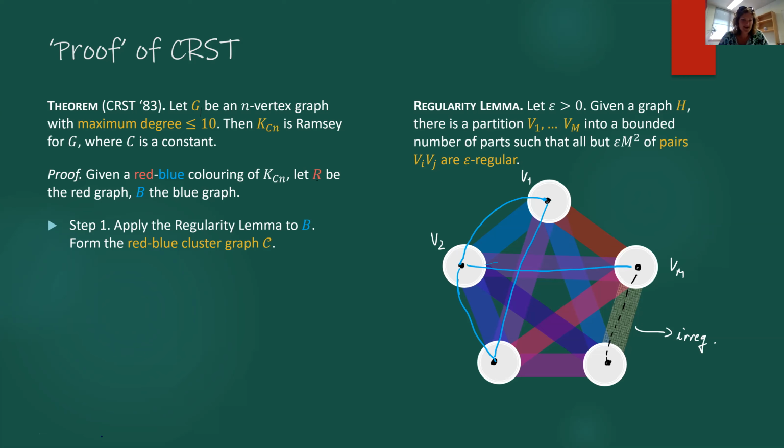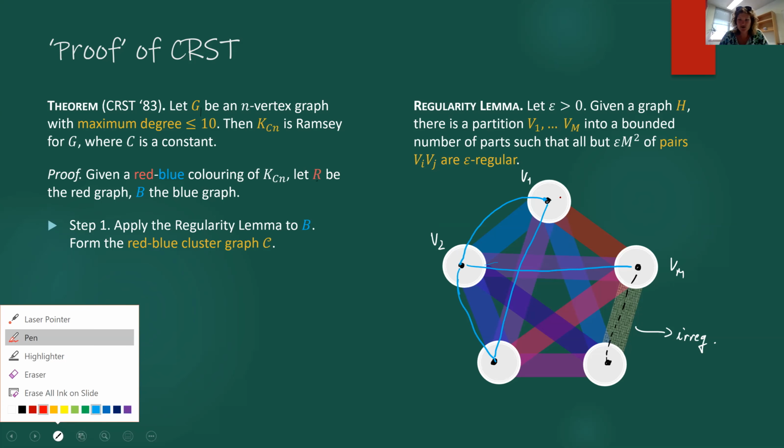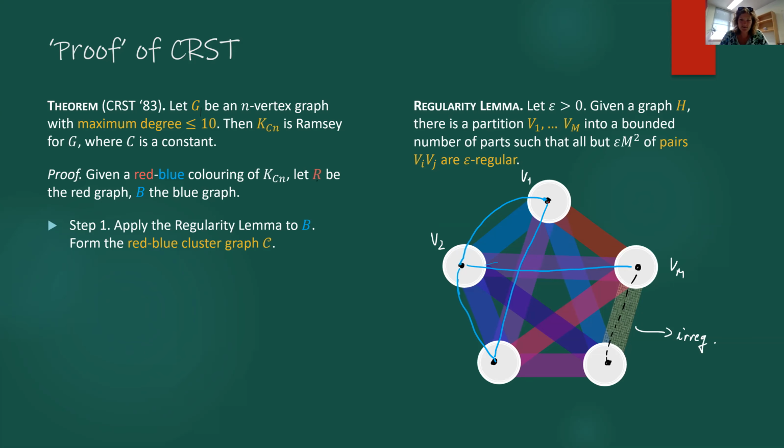And let's say that the remaining edges have majority red. So these are regular and they have at least half red edges. So that's the cluster graph C, and again, it encodes the information given by the regularity lemma. And now we'll mine inside this cluster graph.